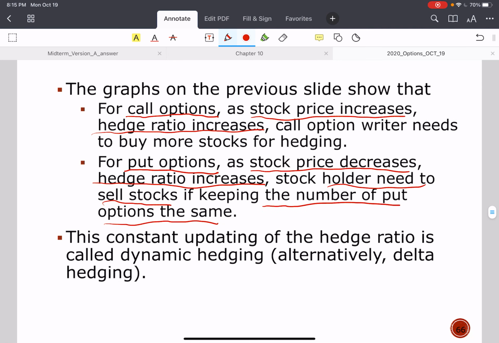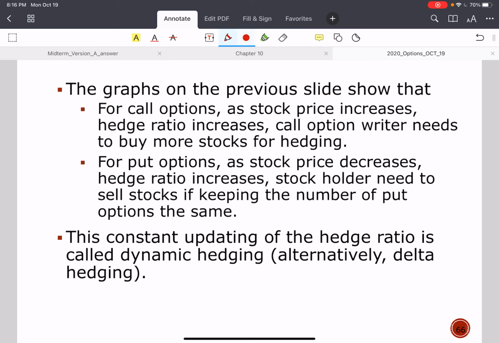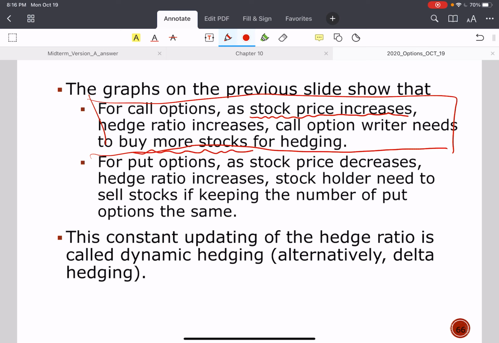And this also has some interesting implications on market price. If you look at this result, it basically says that if stock price increases, for hedging purposes, option writers will buy more stocks. What's the implication here?